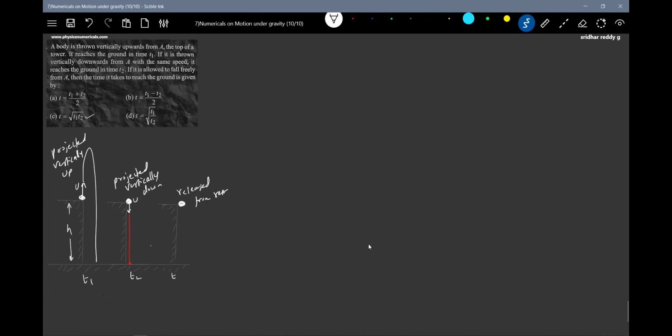So in all the cases, it is going to descend the same height. So it is going to fall freely. You can ask a question like, what about the speed with which it will strike? Yes, it will be different.